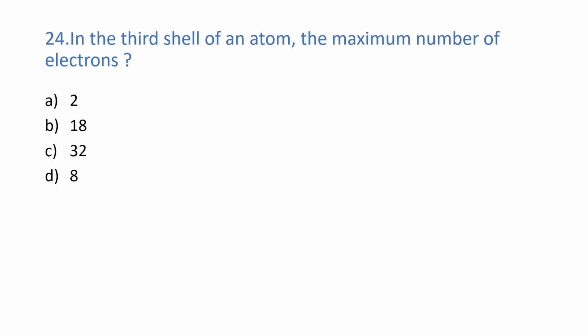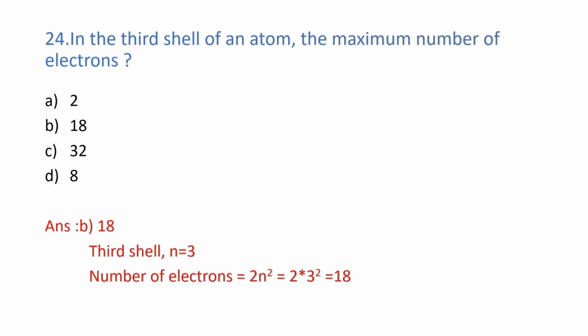In the third shell of an atom, what is the maximum number of electrons? Option B, 18 electrons. The formula for finding the maximum number of electrons in a shell is given by 2n square. N is the shell number and in this question n is equal to 3.